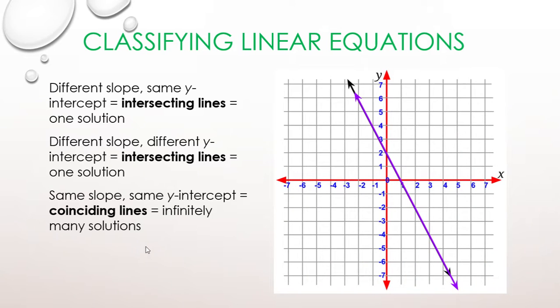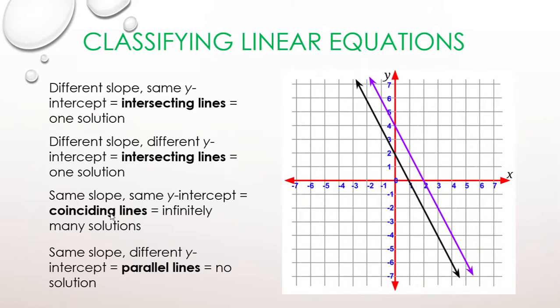Next one, coinciding lines. They have infinitely many solutions, which means they have the same slope and the same y-intercept. Last set is parallel lines. We mentioned earlier that means no solution. So they have to have the same slope, but they must have a different y-intercept.